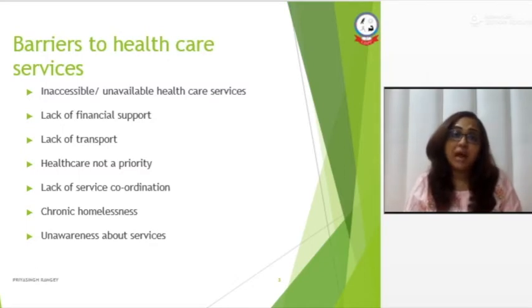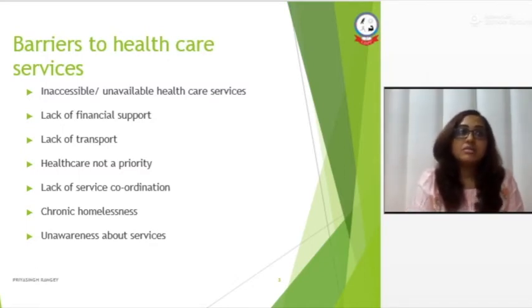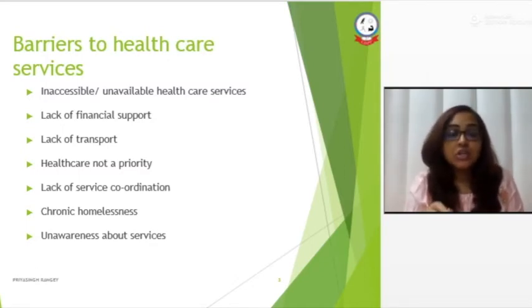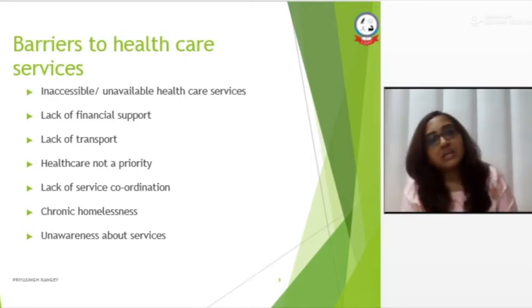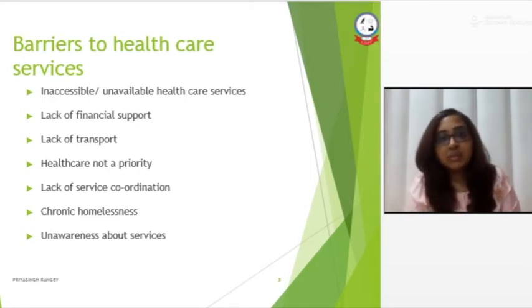That again is a barrier to the healthcare service, because in such a scenario the patient will not be made available whatever service the patient requires. Chronic homelessness is a problem because on some day the patient may be residing in one area, and on the next day the patient may go to some other place, so it becomes difficult to follow up with that particular patient.